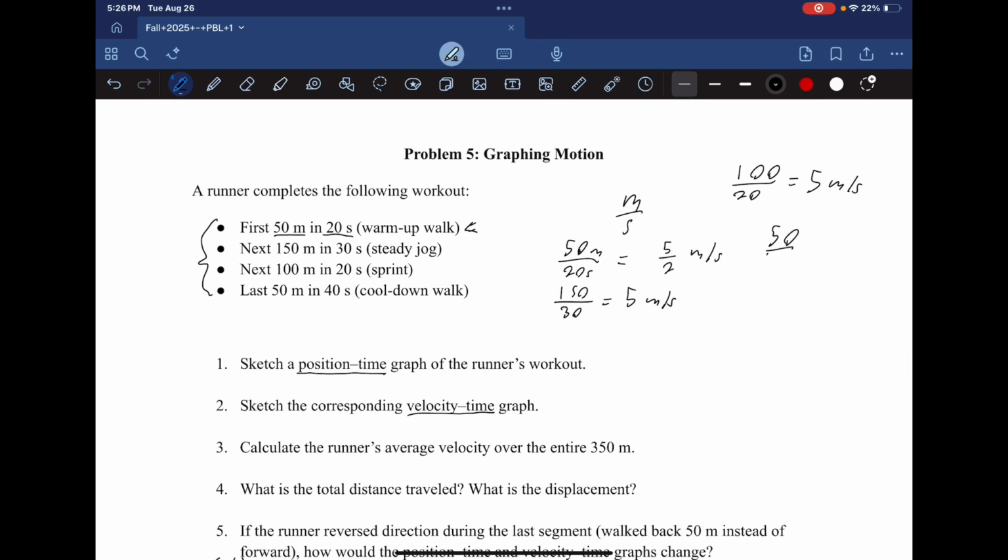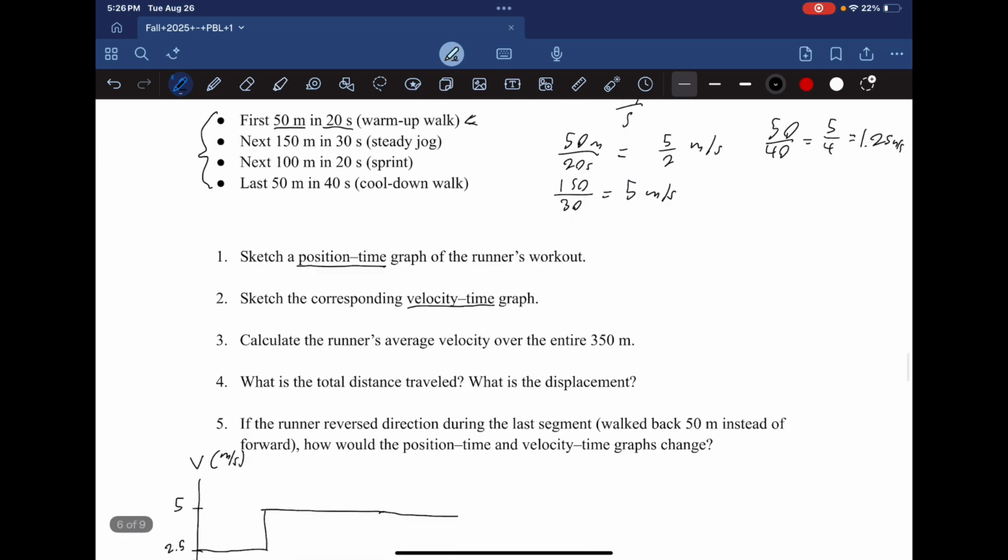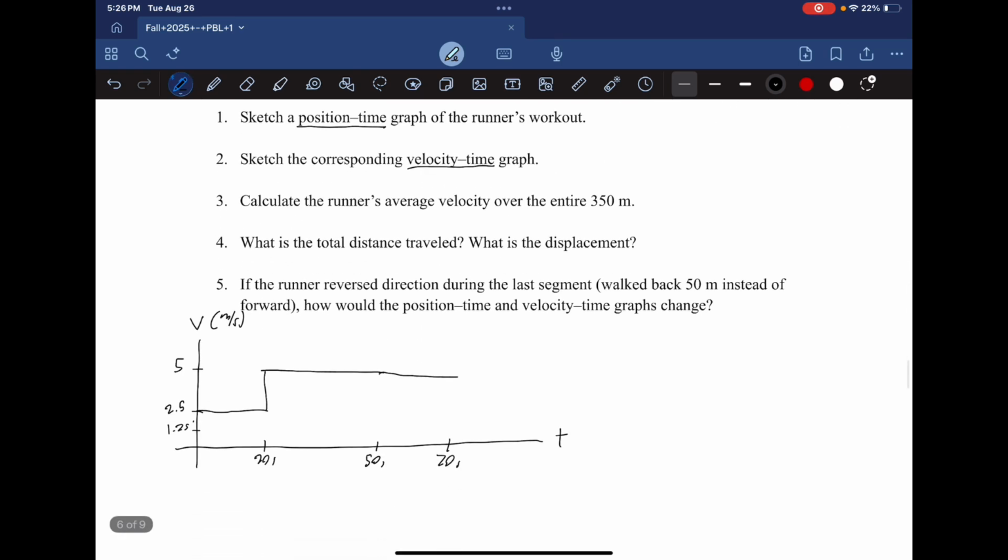So 50 divided by 40. This is going to simplify to be 5/4. I didn't calculate that ahead of time, but let me do it real quick. Yeah, it is 1.25 meters per second. So that's about right here. And he does that for 40 seconds, so 70 plus 40 more seconds is 110.